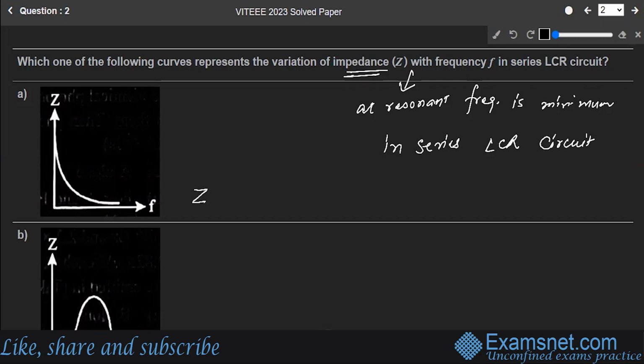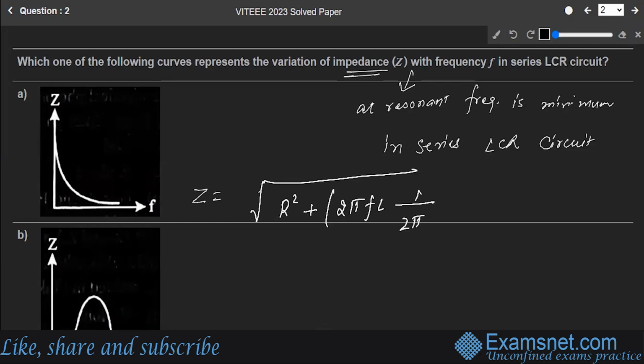So you have Z is given by the root of R square plus (2 pi fL minus 1 upon 2 pi fC) whole square.